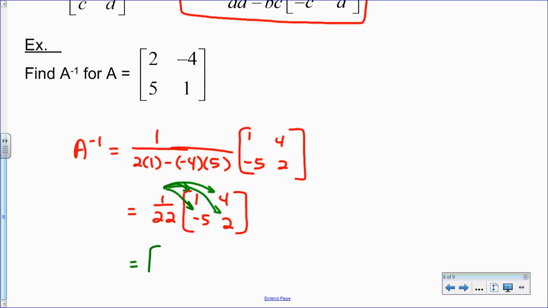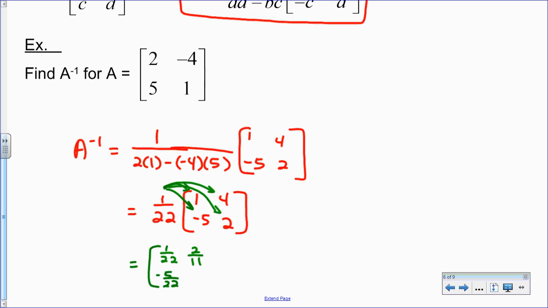And make sure you reduce. So 1 over 22 times 1 is 1 over 22. 1 over 22 times 4, if you reduce, that should be 2 over 11. 1 over 22 times negative 5 is negative 5 over 22.